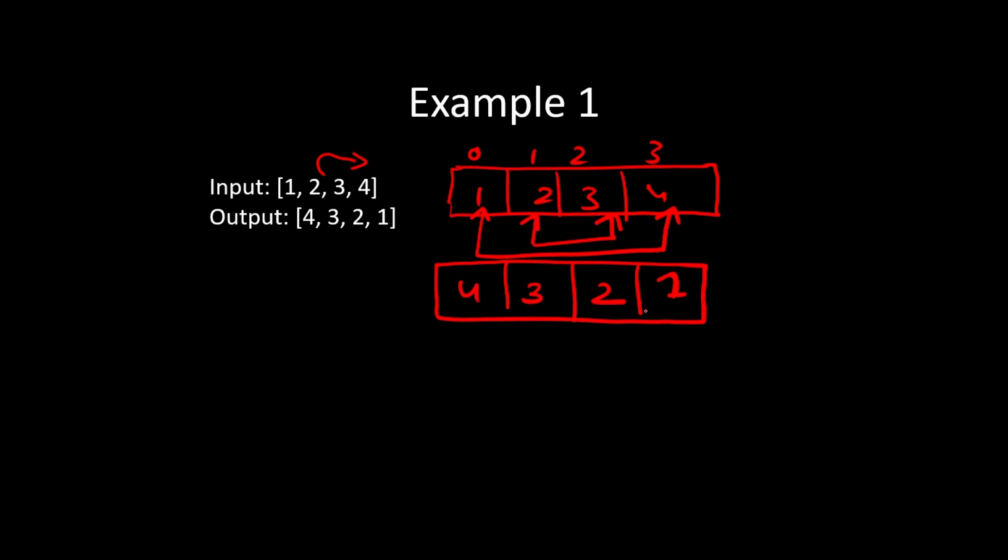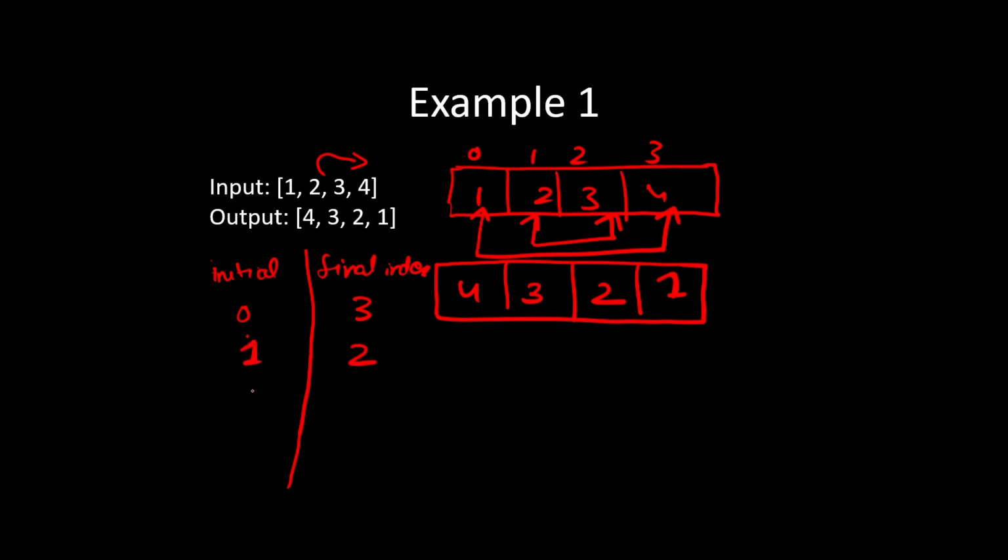So you can see this indexing, the initial index and final index, and how they are being swapped from the last: the 0th is swapped with the third index, and the first index is swapped with the second index.